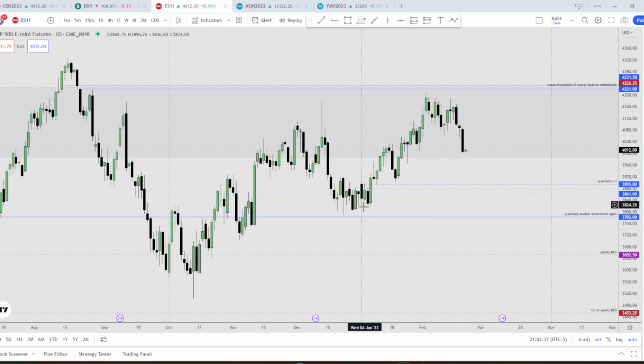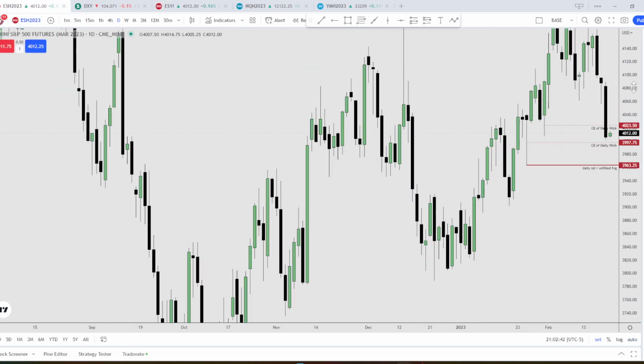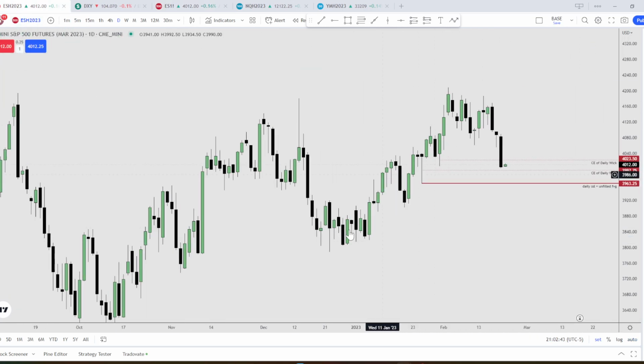So this is why I think that we're most likely retracing down deeper. So what can we further add on here, right, to find some more confirmations that it's gonna play out the way I'm thinking, right? We have right here, this is the current dealing range we are in, right?